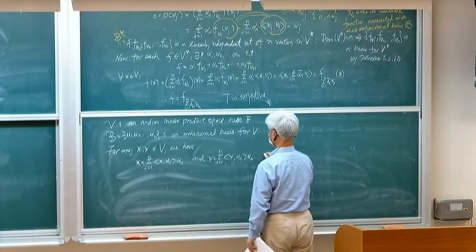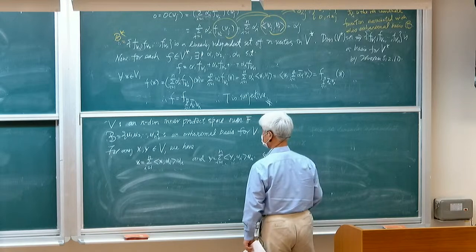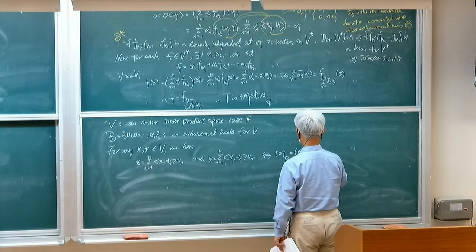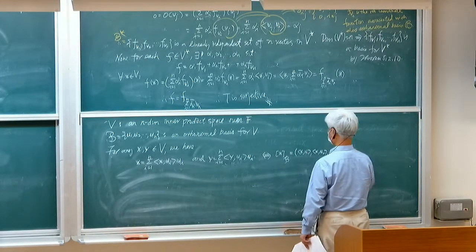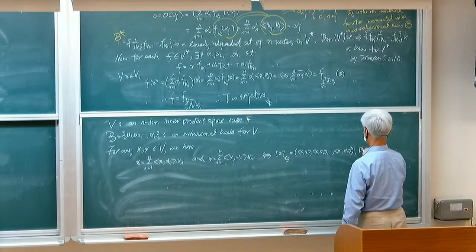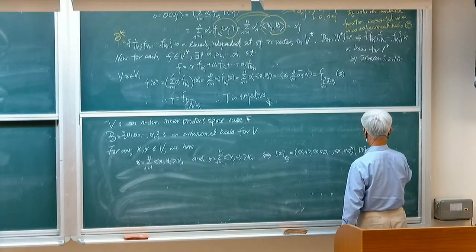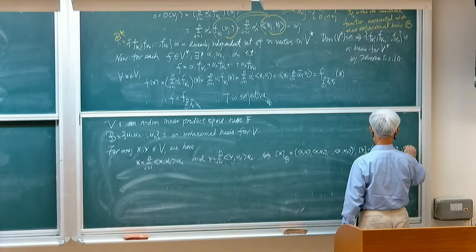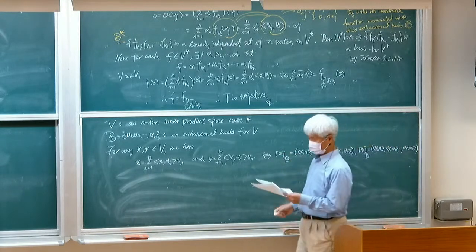So this is the B-coordinate of x, and the B-coordinate of y is similar. They are the coordinate vectors we have.